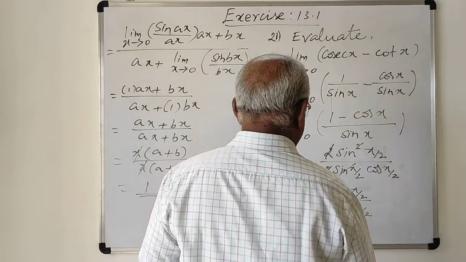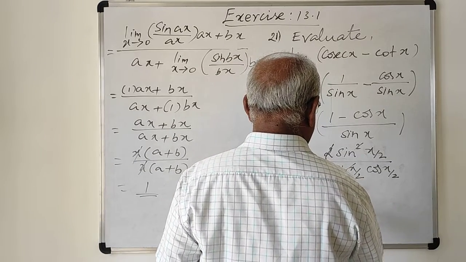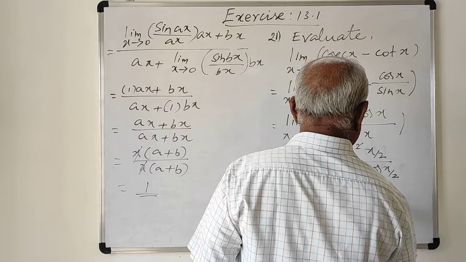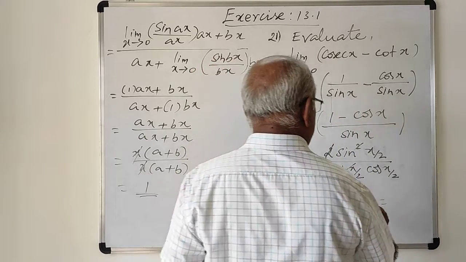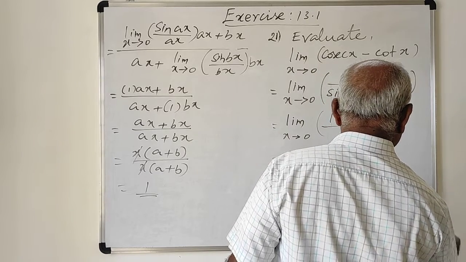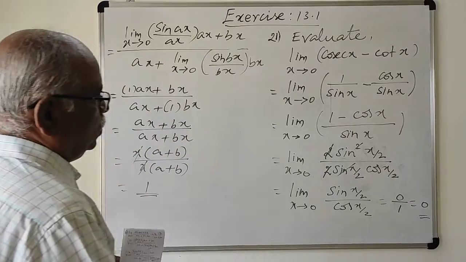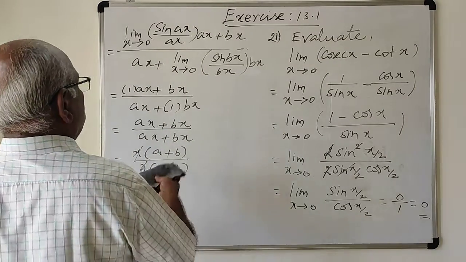Limit x tends to 0: sin x by 2 is sin 0, which is 0, and cos 0 is 1, so 0 by 1. Answer is 0. That's all. Next, problem 22.